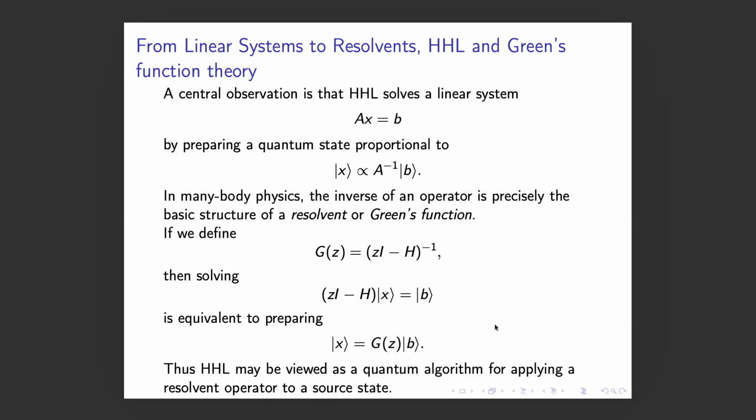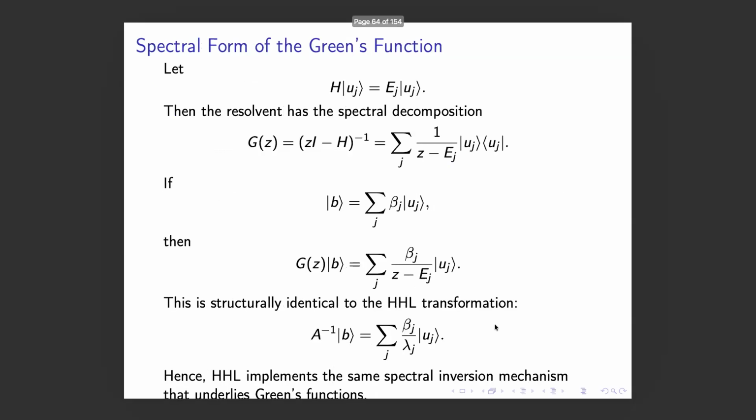And historically, people have always fought each other: my method is much better than your method, but they all have their pros and cons. A Green's function is ideally a very efficient method of solving problems, except that you have to face the problems of the poles of the Green's function, which are the cases when you have the eigenvalues z times I minus H equal to 0.